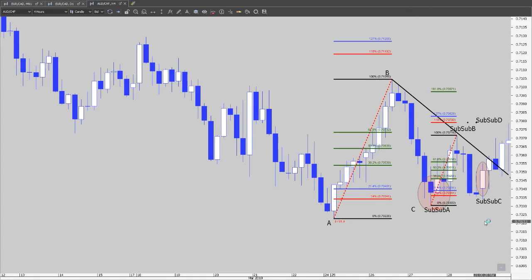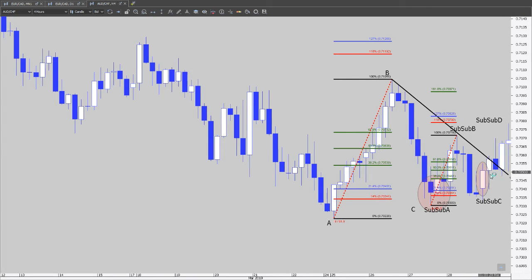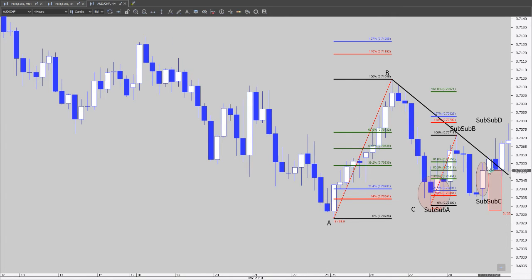And of course the risk reward is not good enough. Okay, so maybe you can trade it, maybe you don't, it's up to you, but I would put the risk reward if I would enter in here. So this would be my risk, 10 pips or 100 pips below or above the C, which is the sub A, and my take profit would be 10 pips in front of the projected extension.